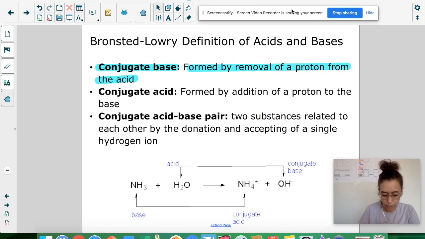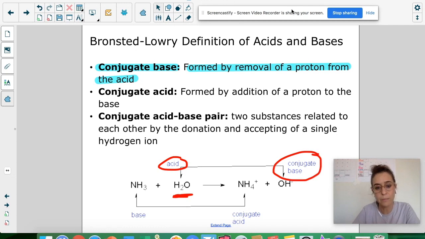The water is going to give the proton away, so the acid is the water. So when the water gives the proton away, it becomes the conjugate base of that acid. Why? Because it's the result of the acid losing one proton. So it's formed by the removal of the proton from the acid.